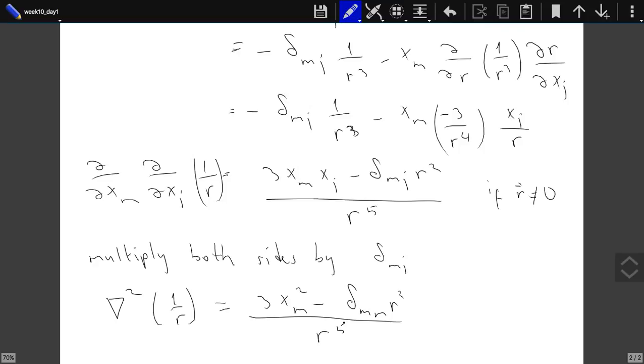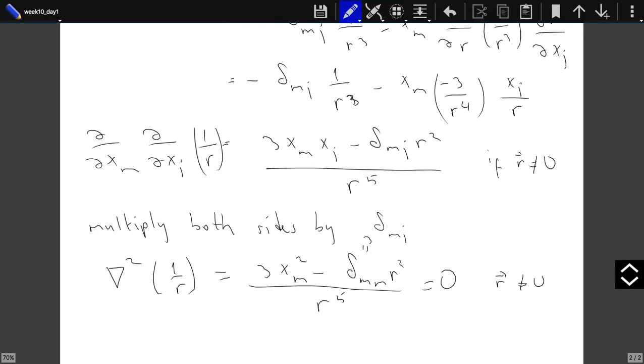What's Kronecker delta m m? It is 3. Remember, I'm summing over m. It is repeated. So this is 3. Well, x_m squared is just r squared. So this is just 0. This is, of course, assuming r is different than 0. So basically, we are missing this Dirac delta.